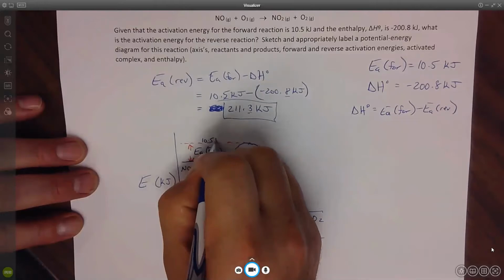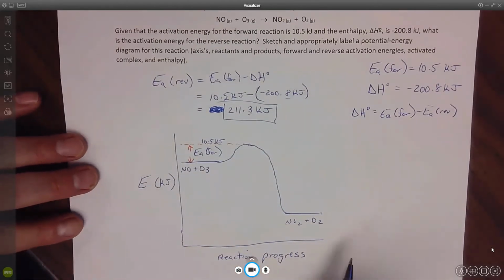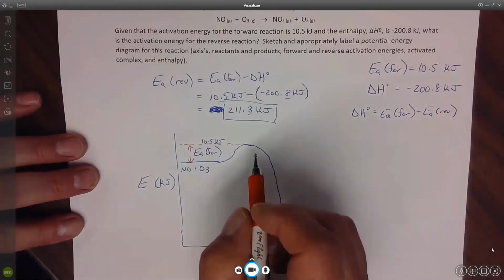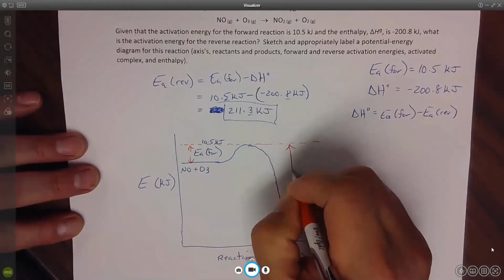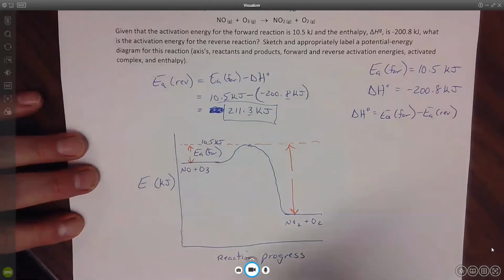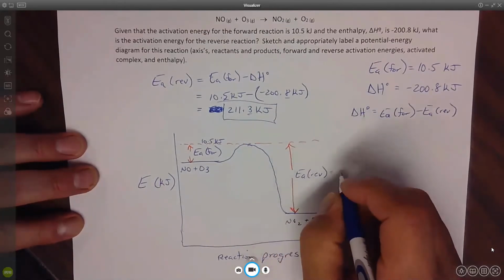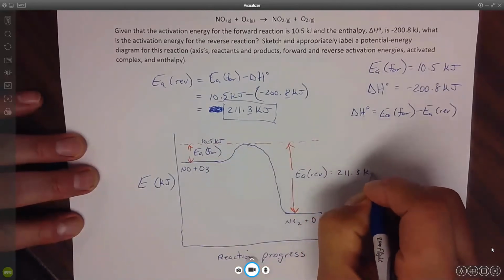But we also have a reverse. If we're going this way, we have to overcome this amount of energy. And this is the reverse activation energy, which we just calculated as 211.3 kilojoules.